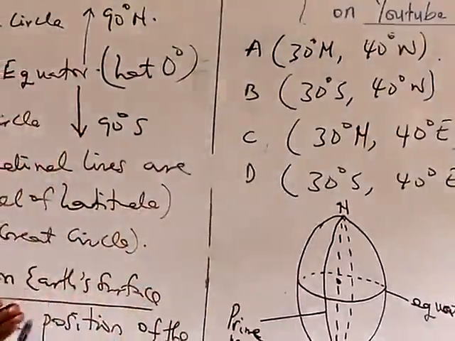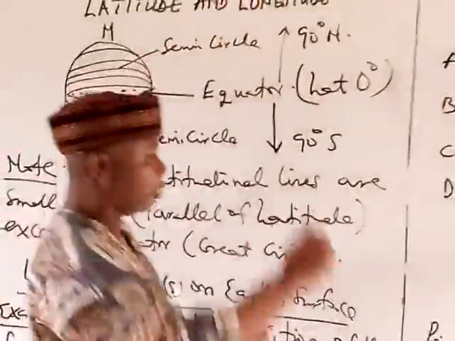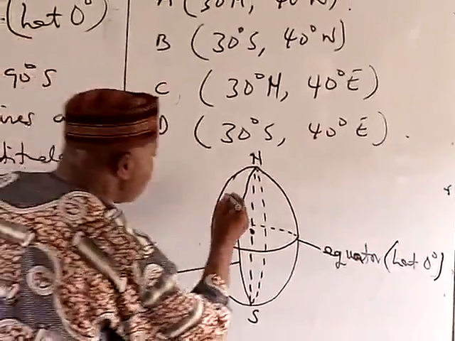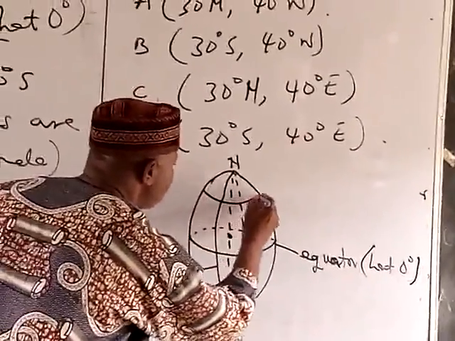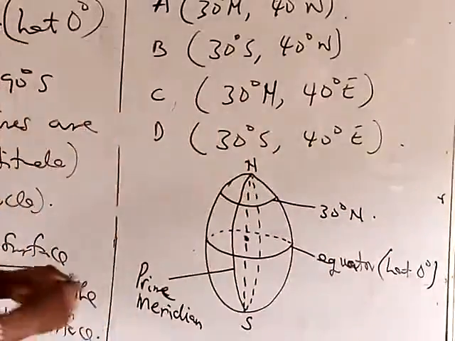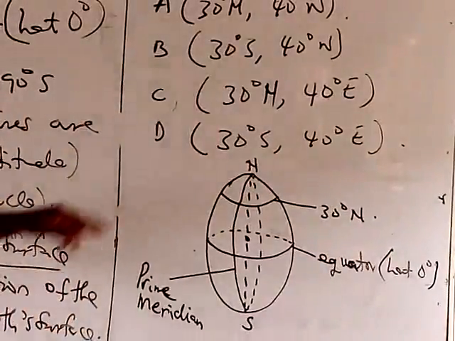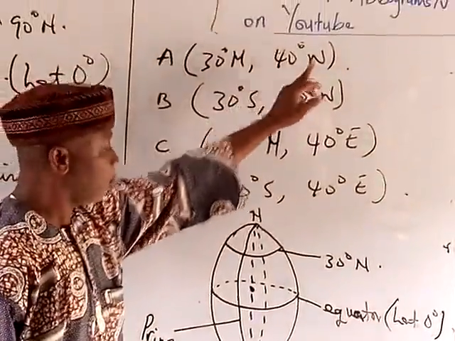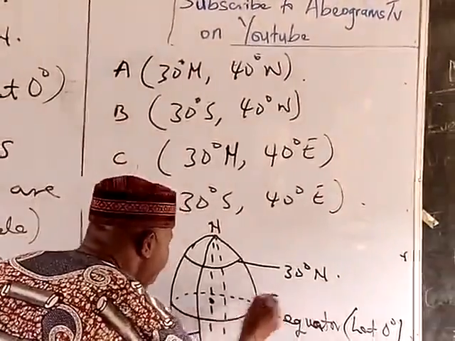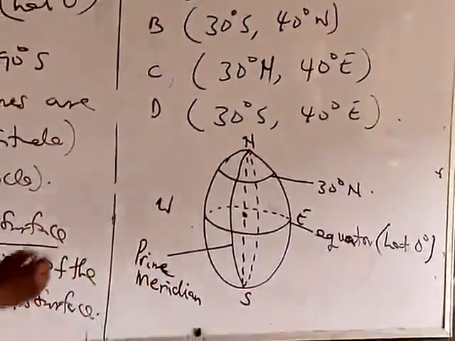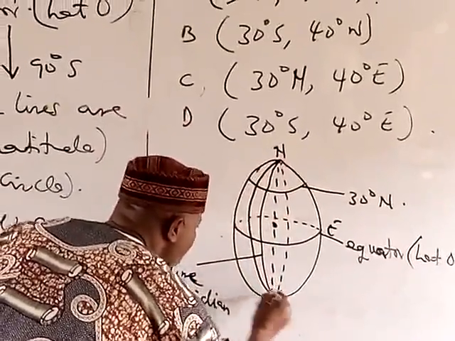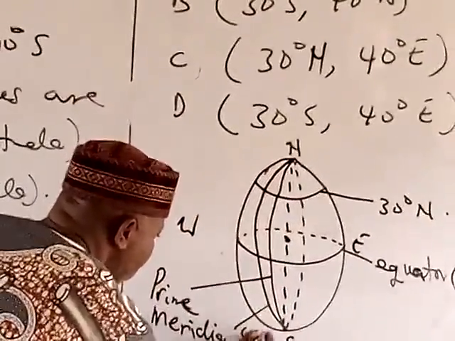Now, the latitude is 30 degrees north. Latitude 0 degrees, which is the equator, 30 degrees north, you draw in this form. That's the 30 degrees north. Now, 40 degrees west. Your 40 degrees west will be on the left hand side here. This is east and this is west. Then you have 40 degrees west.